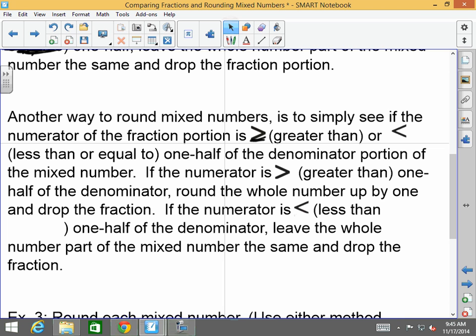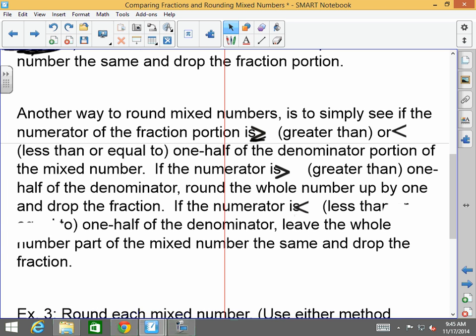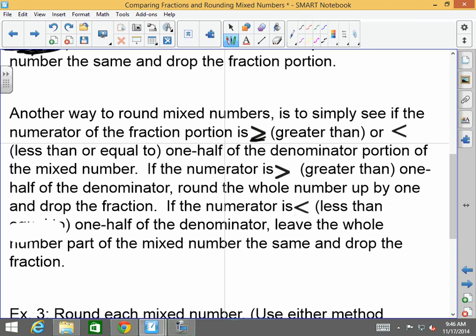I apologize. So, another way to round mixed numbers is to simply see if the numerator of the fraction portion is greater than or equal to or less than 1/2 of the denominator. Just less than, not less than or equal to.